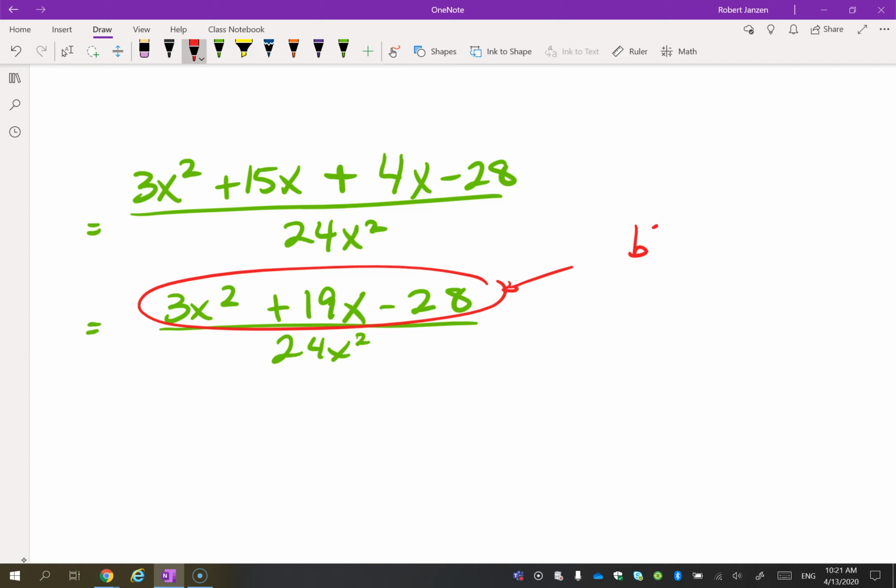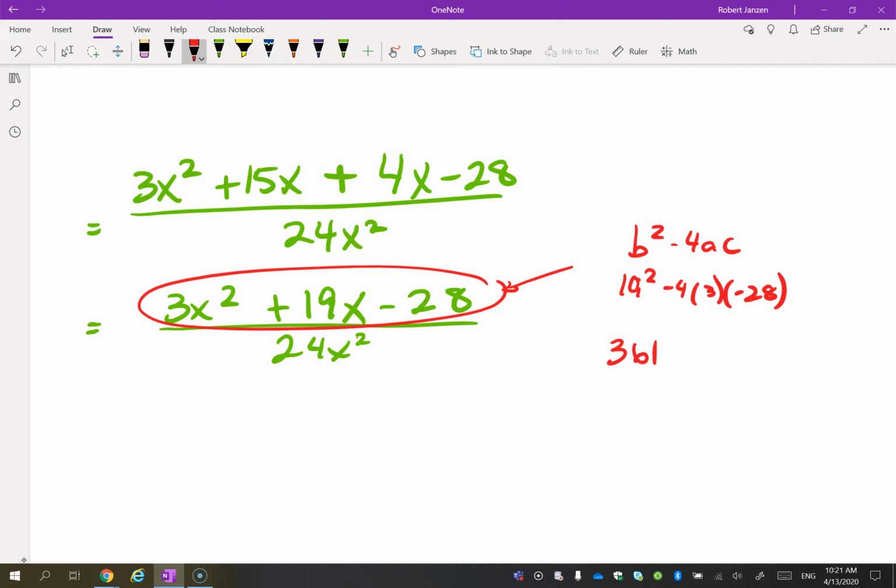Alright, if you do b squared minus 4ac, that's 19 squared minus 4 times 3 times negative 28. So 19 squared, what the heck is 19 squared? Is it 361, I think?